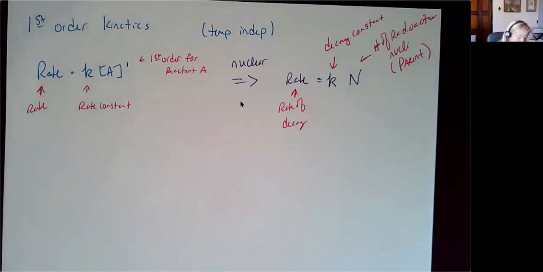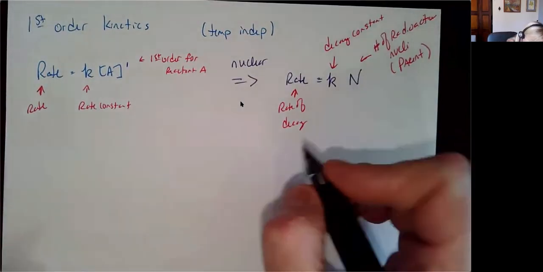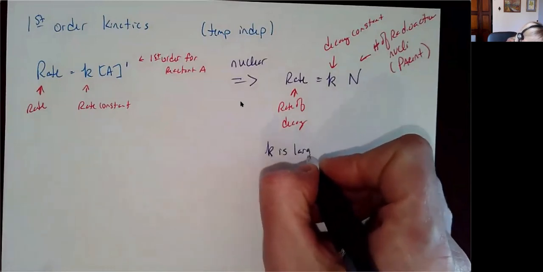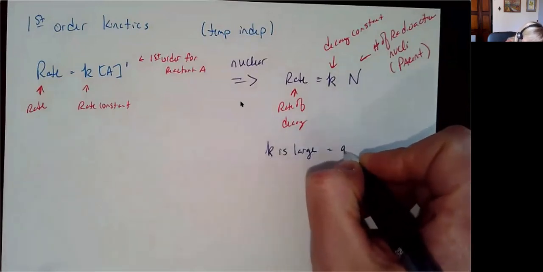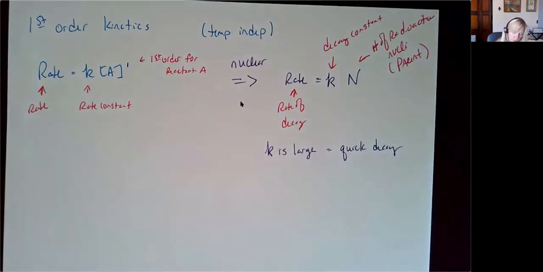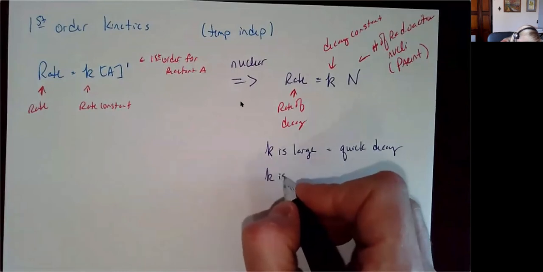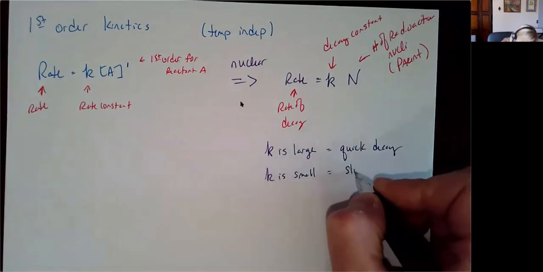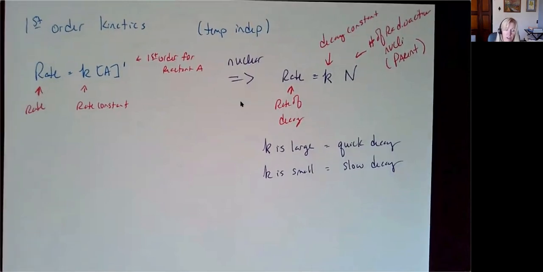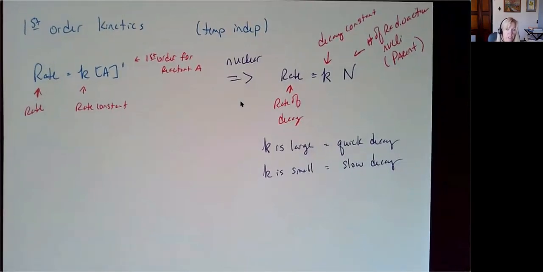So just like in kinetics, if k is large, my rate constant is large, then I have a quick decay, meaning the rate's fast. That's going to happen really fast. If k is small, then I'm going to have a slow decay, meaning that could happen over a year, 100 years, 1,000 years, 10,000 years.